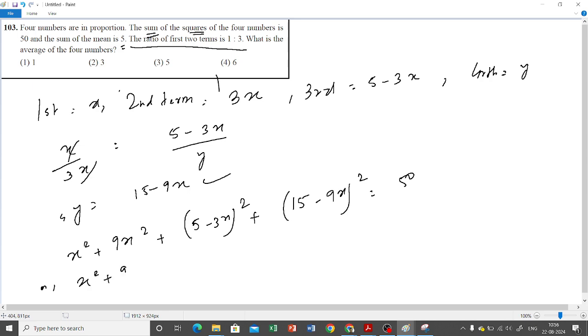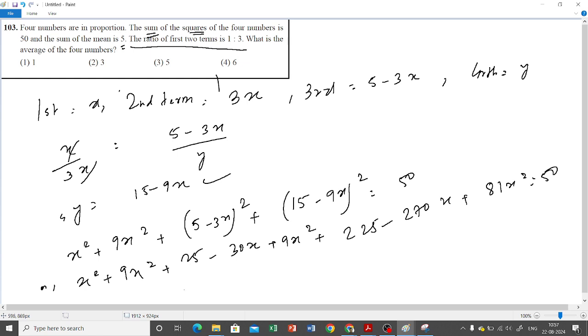So x square plus 9x square plus a square minus 2ab plus b square. Okay, and this is going to be a square minus 2ab, so 50. So now we can go on solving this.